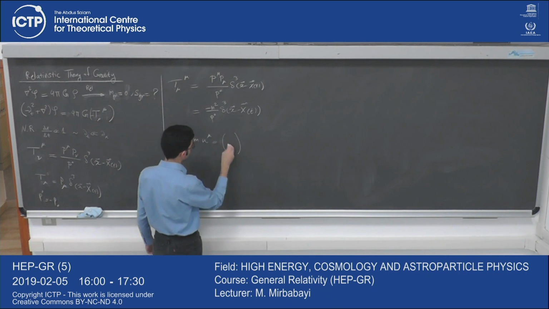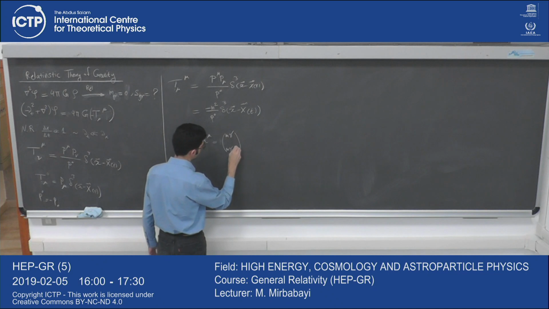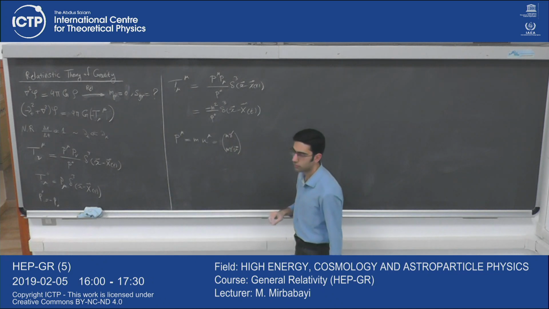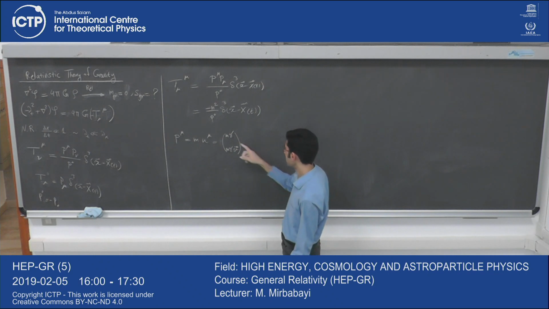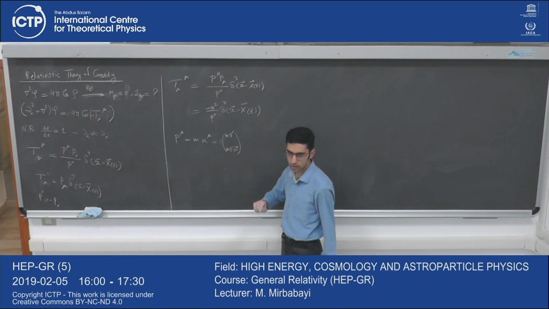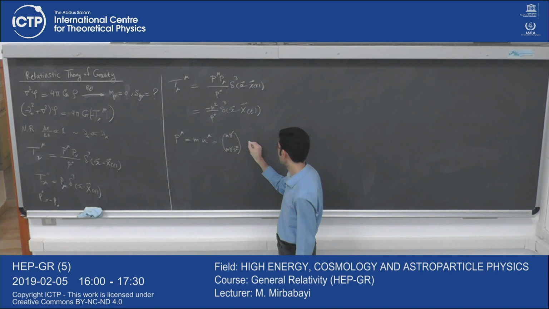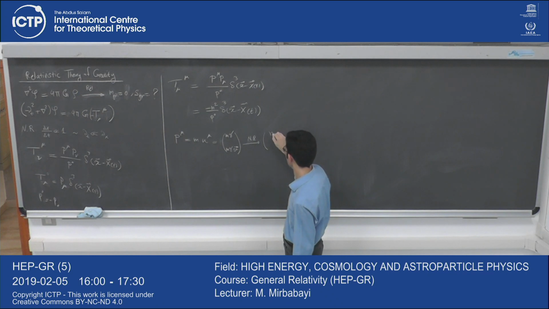So this whole thing would be m gamma and m gamma v. Now if I go to very low velocities, gamma will be approximately 1, so in the non-relativistic limit, this goes to m and mv.